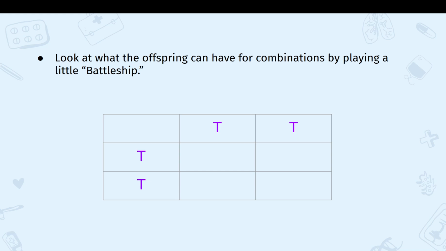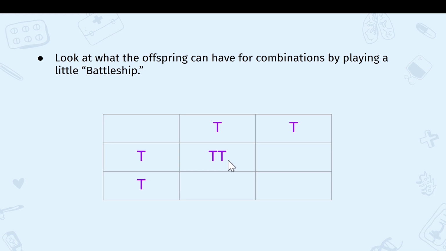Now, what we need to look at is how we get combinations of offspring in these boxes down here. In this box right here, I'm looking at how I get this gene from one parent and this gene from the other parent. So in this box, I get tall.